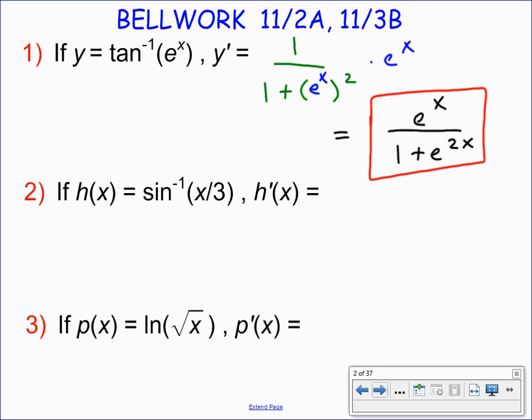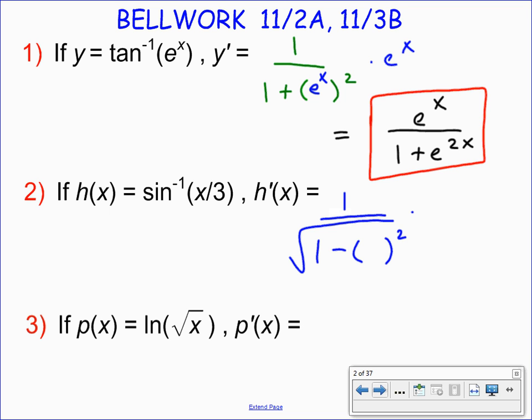Take a look at number 2. Number 2 is another inverse trig function. We know our derivative for inverse sine is 1 over the square root of 1 minus input squared, closed radical, and then times the derivative of the input on top. So in application of the rule, we would get 1 over square root of 1 minus input squared, and then times the derivative of the input.